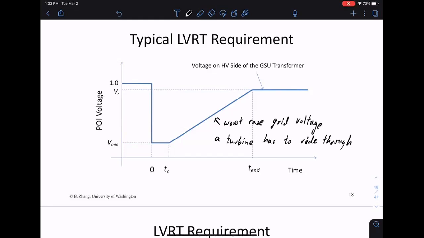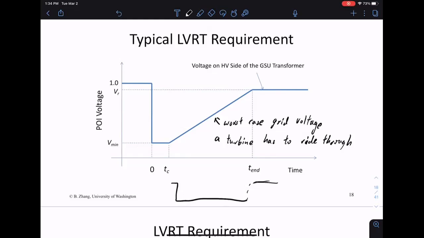So you don't have to ride through arbitrary voltage profiles. Because of the way voltage works, for example, you do not need to survive this kind of profile for very long.